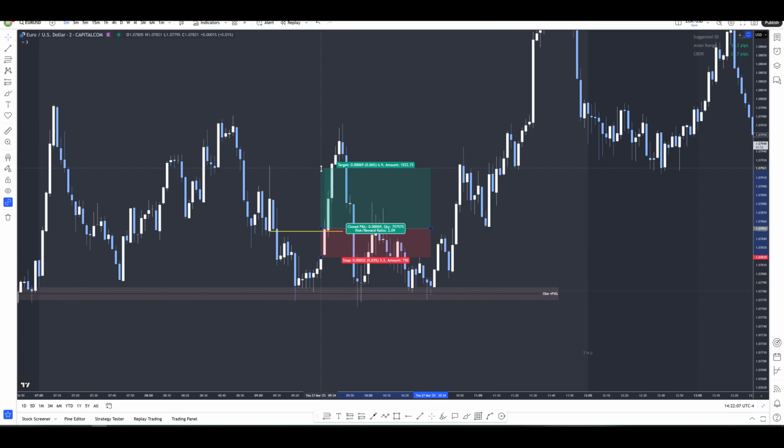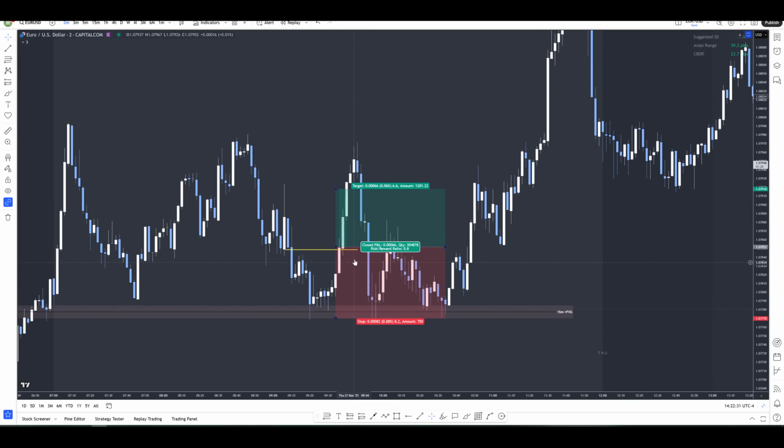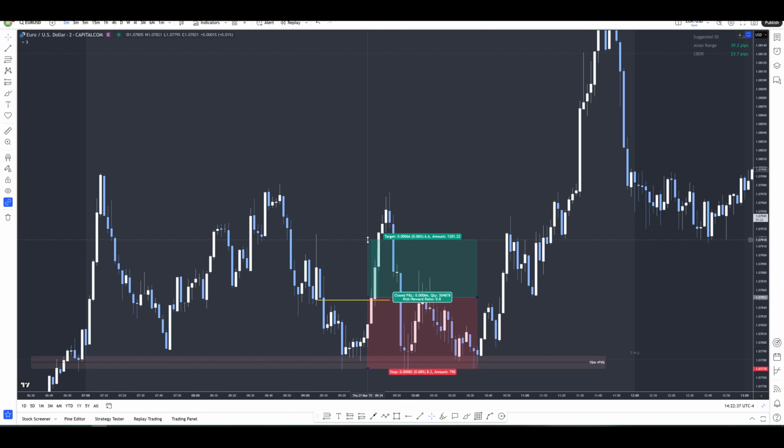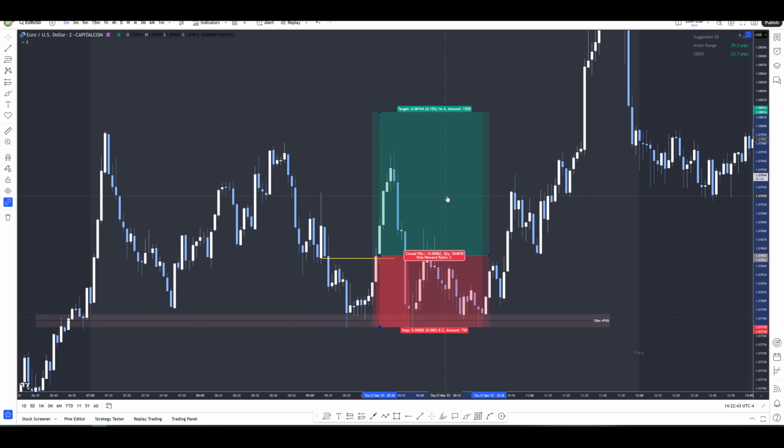But this is not always something that I do, because what I'd like to do is, for example, include an order block or include the low of the fair value gap where price came from. In this case you can see this becomes a very large stop loss. Well, 8 pips isn't that large, but if I had done a 1 to 2, imagine I would have done this.